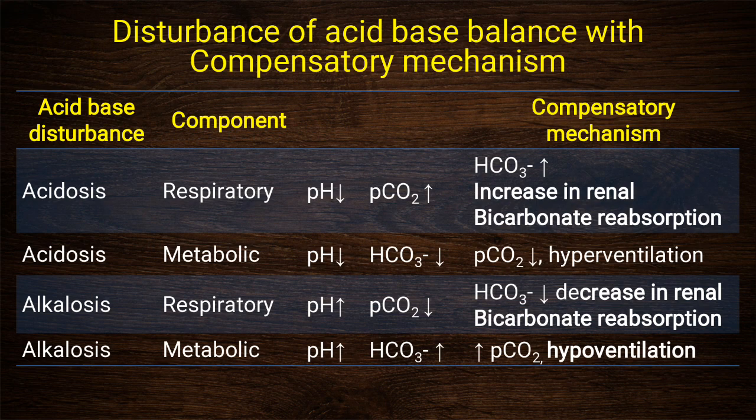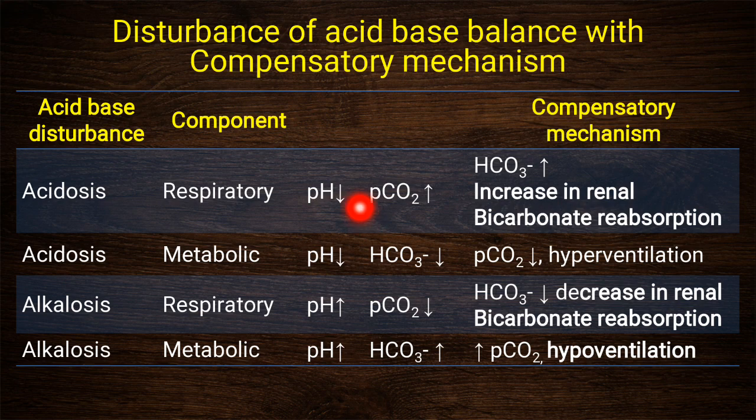So an acid-base disturbance may be acidosis or alkalosis, and these may be respiratory or metabolic. In respiratory acidosis, pH is decreased and PCO2 is increased. The compensatory mechanism for respiratory acidosis is increased bicarbonate level and increased renal bicarbonate reabsorption.